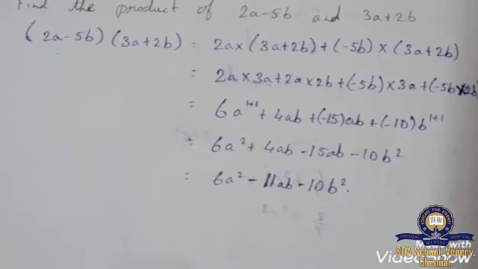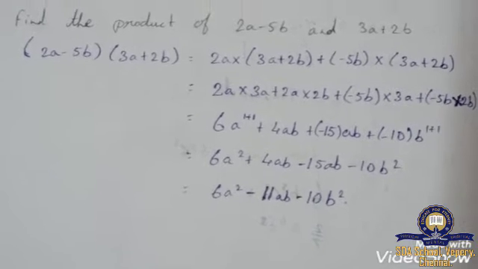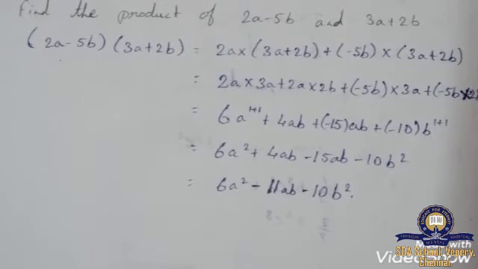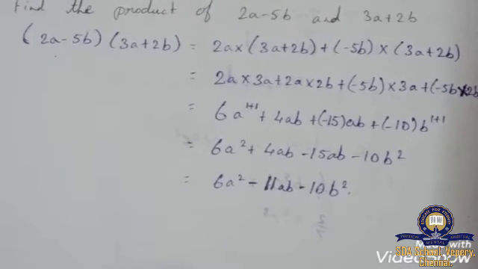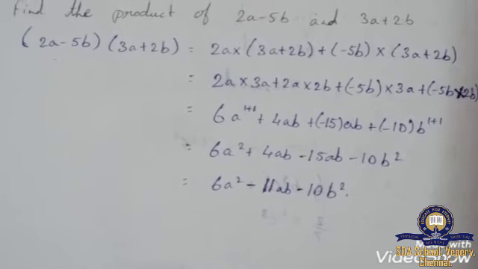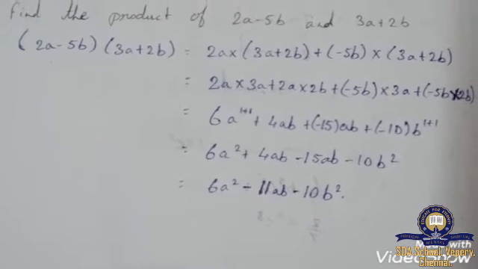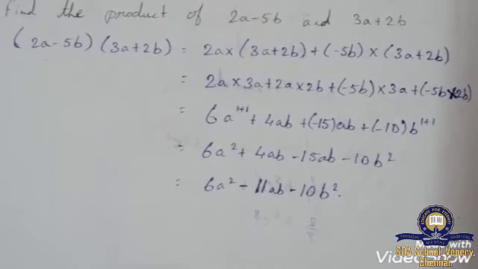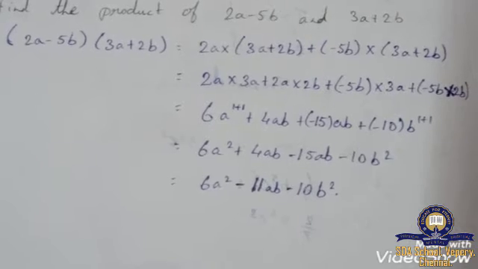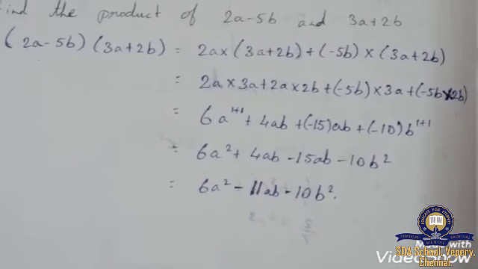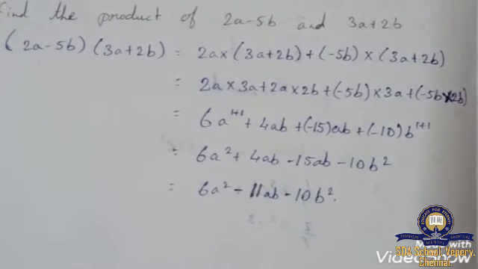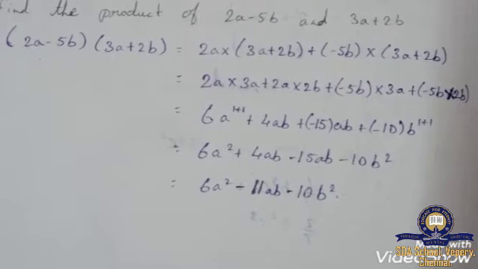In the next step, we take 2a inside the bracket, so we get 2a into 3a plus 2a into 2b. In the same way, we take minus 5b inside, so we get minus 5b into 3a plus minus 5b into 2b.